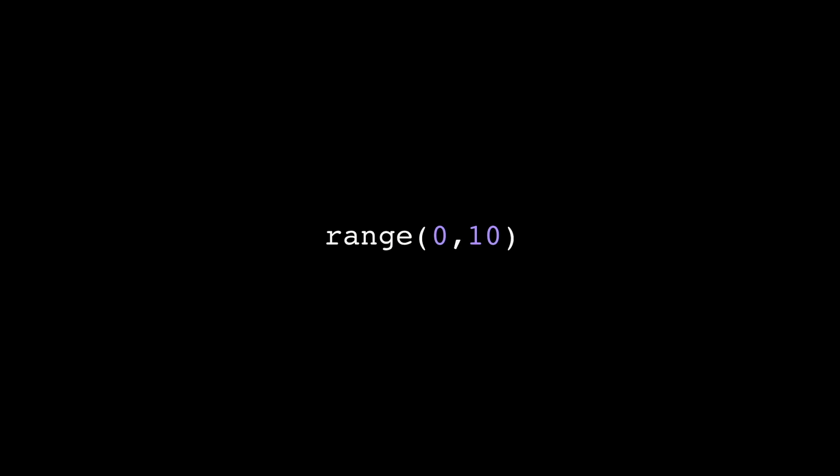Notice range(0, 10) does not give you the number 10, it only gives you all the numbers from 0 to 9. This is because Python's end index is always non-inclusive. If we want the number 10 in there, we have to change this to range(0, 11).